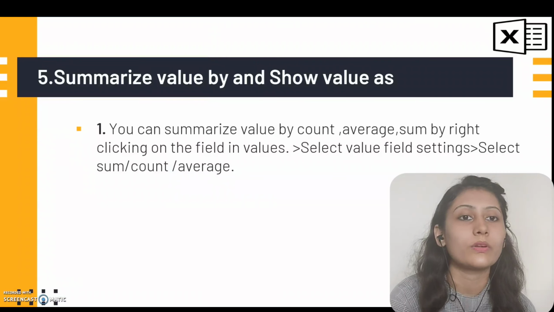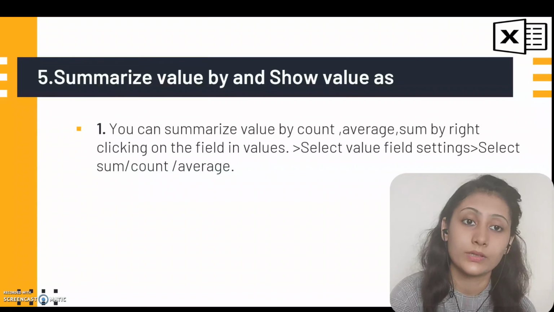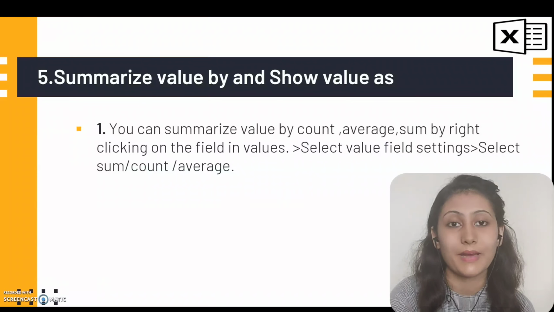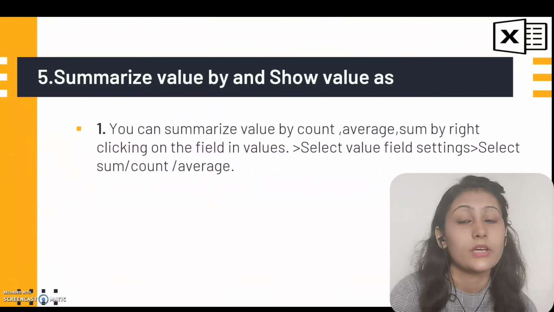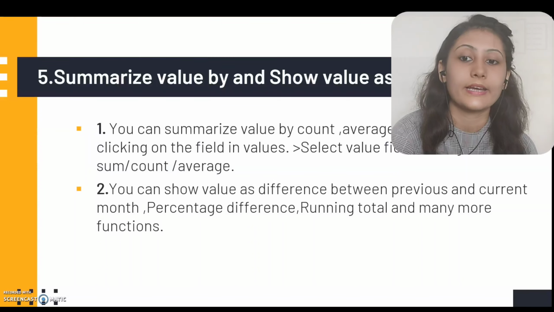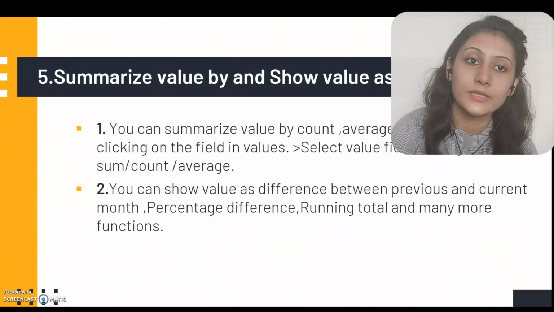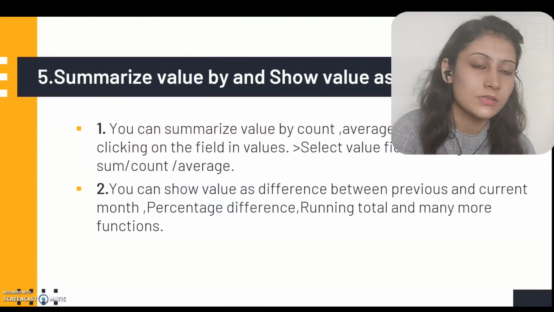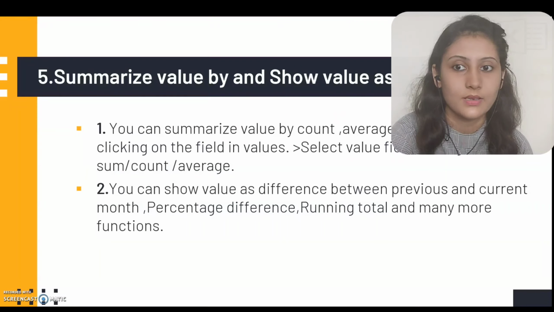You can summarize the values as count, sum, total count, total average, maximum, minimum, any functions you can use. Show value as will give you various options like the difference between previous and current month, the running total, the grand total, the percentage difference between the last 2 months, this month, year, and many more important functions.